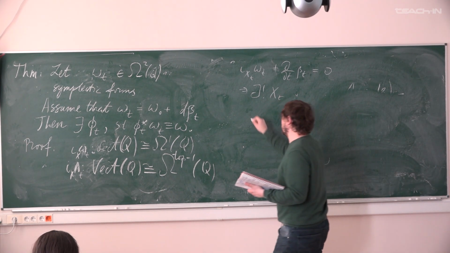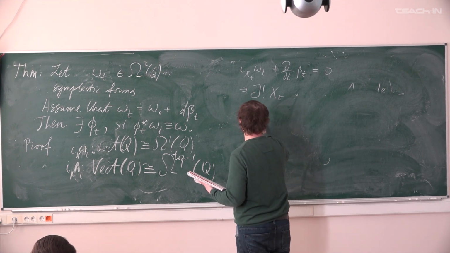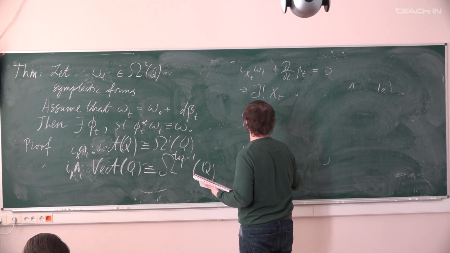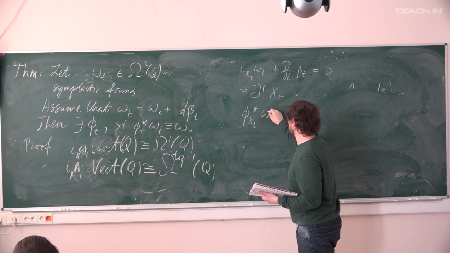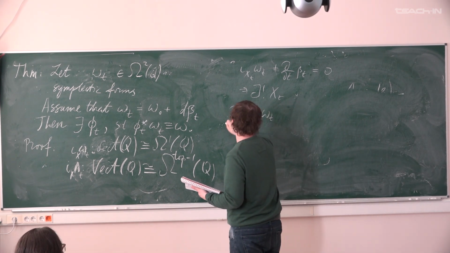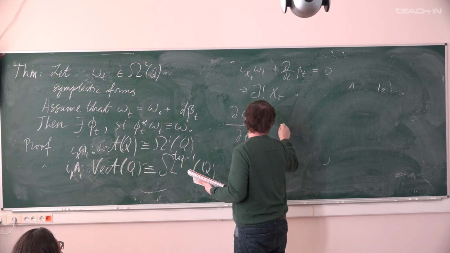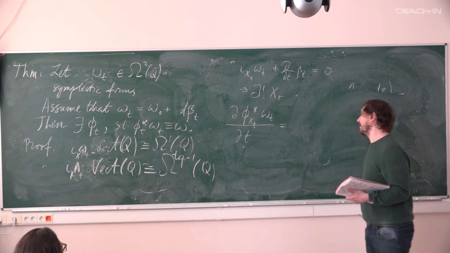And then you consider the flow of this vector field again. If you apply it to omega sub t and differentiate with respect to t, then you get precisely the same equation.